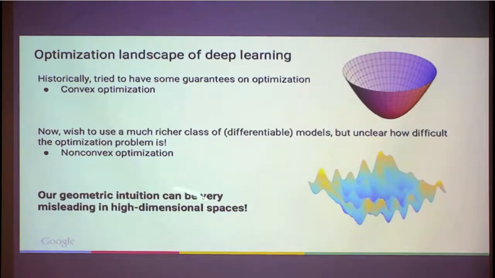Even so, some ideas taken from physics have had a nice impact in the research community in recent years. For instance, people thought that the optimization landscape of neural networks was plagued by local minima. But what people have now started to understand is that in these high-dimensional spaces that arise in neural networks, you're plagued by saddle points, not local minima.